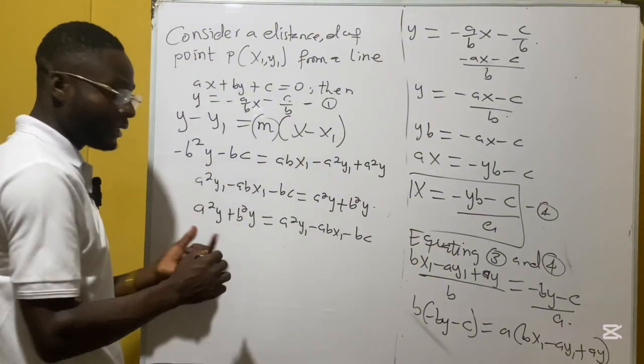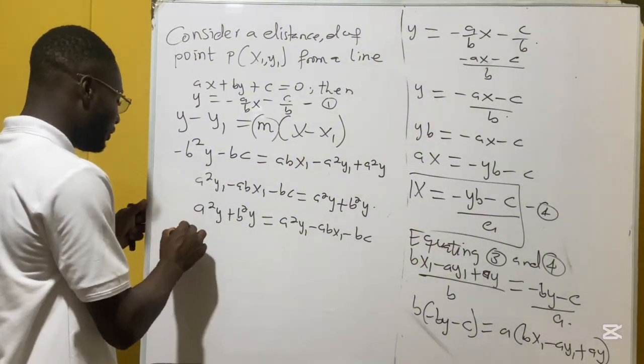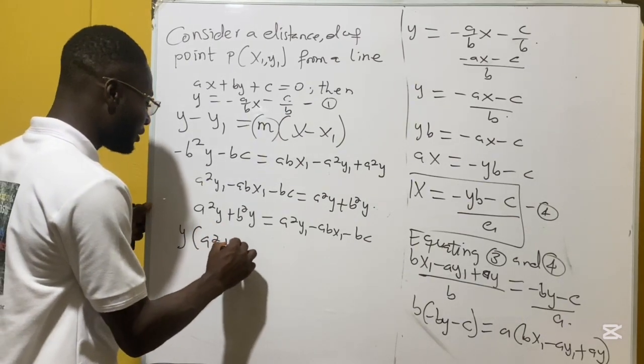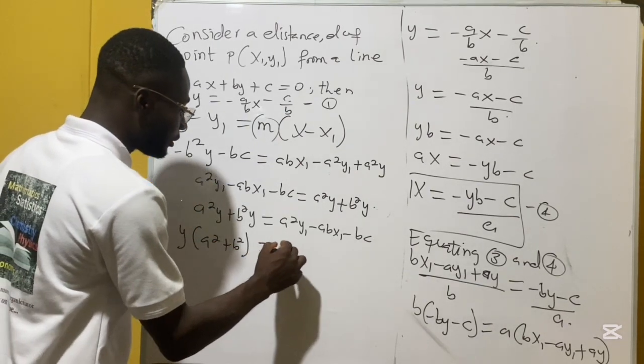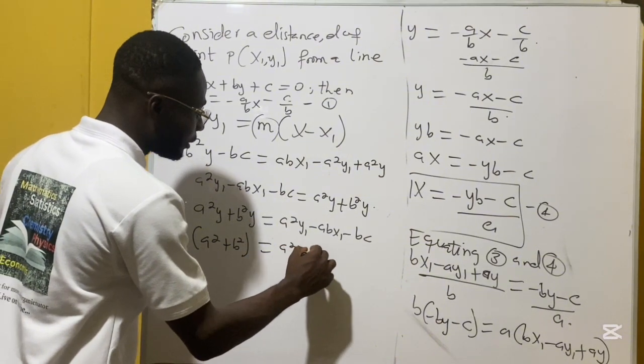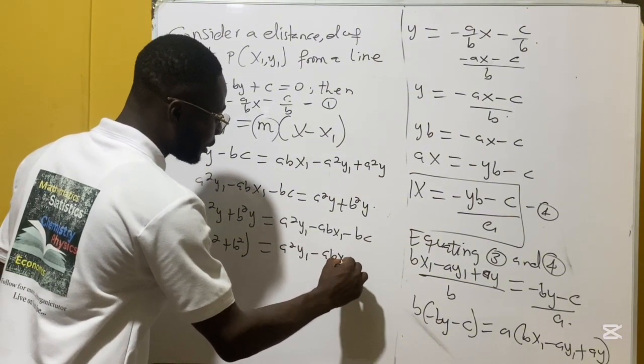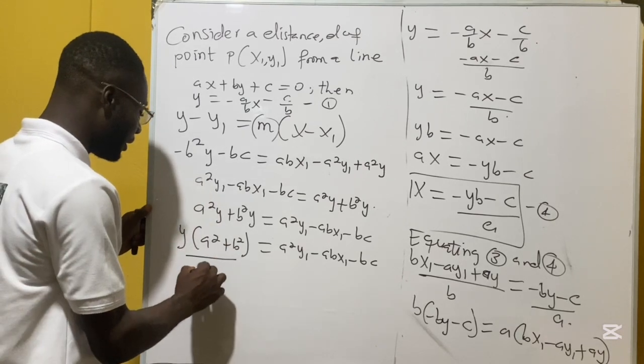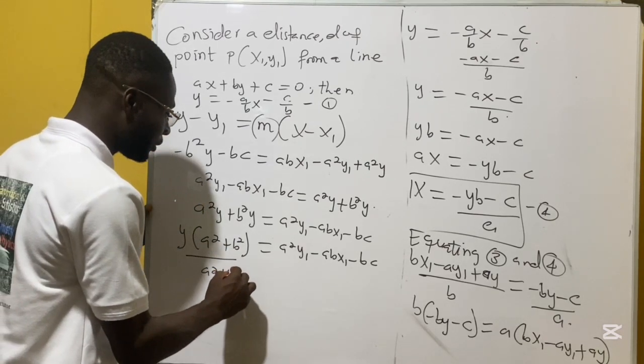So making y the subject in here, we factor y out. So we're going to have y times a squared plus b squared equals a squared y1 minus abx1 minus bc, right? So we divide both sides by a squared plus b squared.